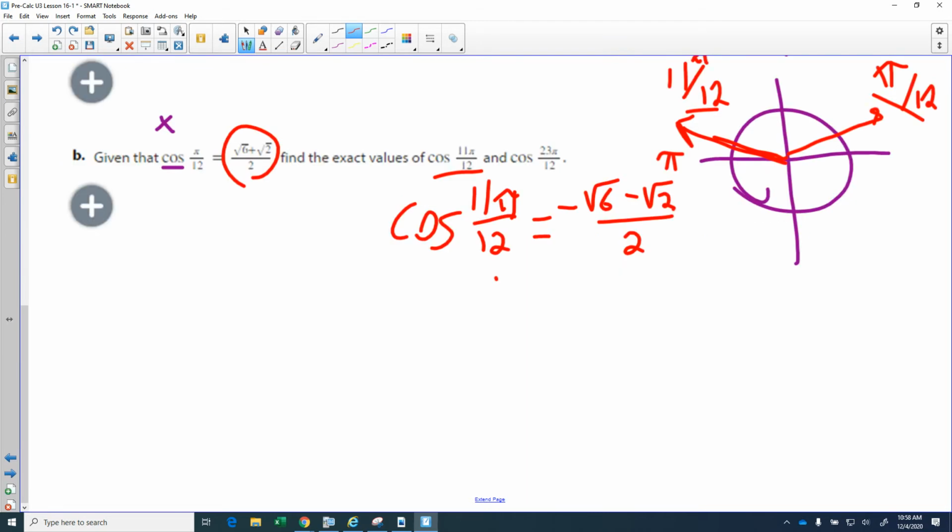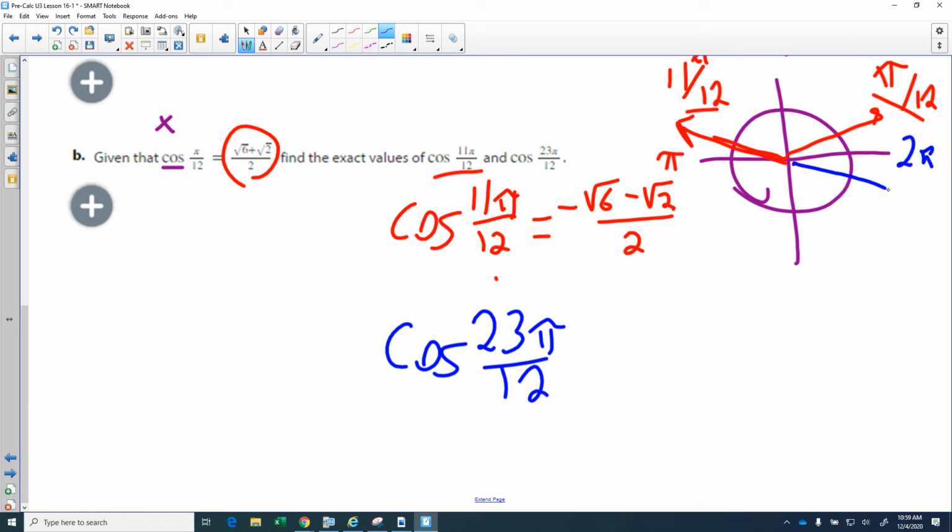Versus, let's say I use the other value. Let's just say I use the cosine of 23 pi over 12. First off, we have to assume what quadrant is that in. Well, when I read that, I'm assuming, okay, if 24 pi over 12 would be 2 pi, which would be officially at this point, that angle has to be pretty close to here. Well, because that's in that fourth quadrant, I know this has to be a positive x with a negative y.